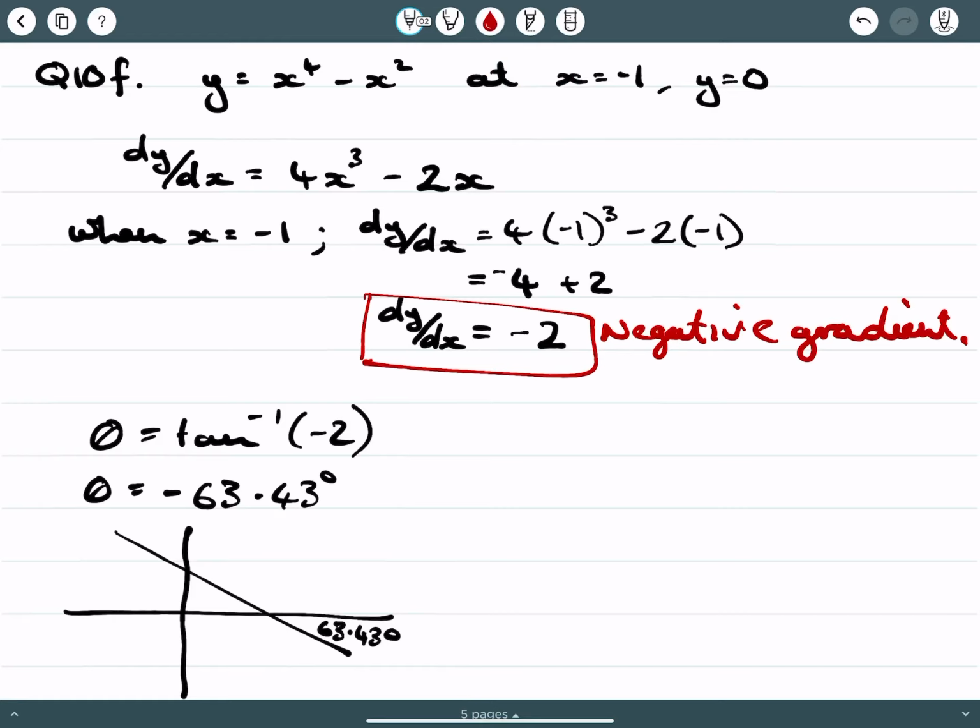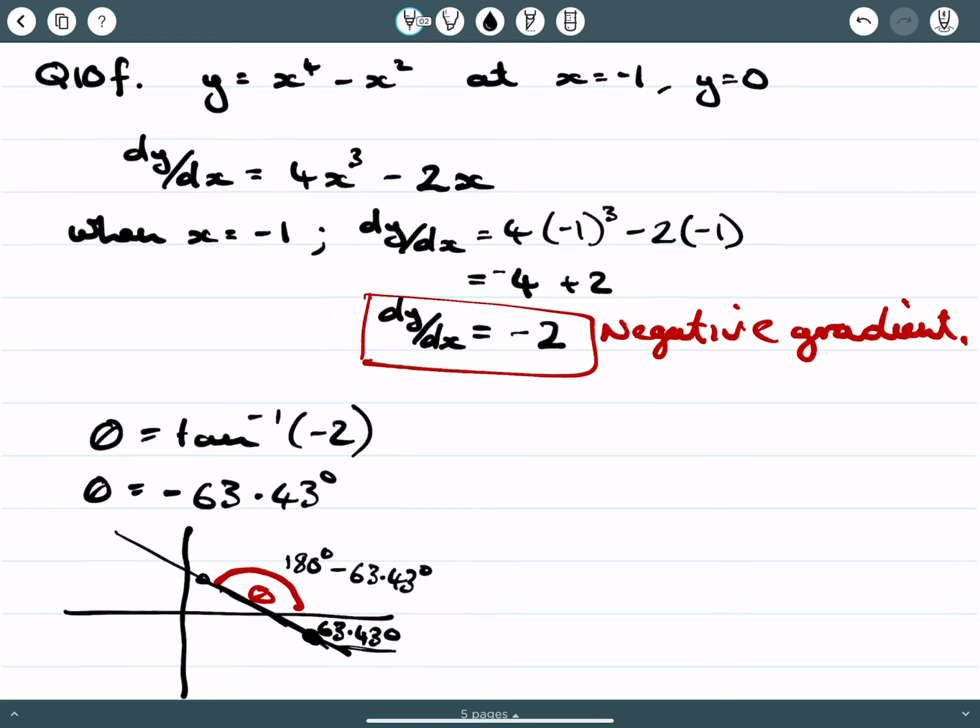Now when we're trying to ascertain that angle that's occurring with the positive side of the x-axis, what we're going to do is we're going to say that this angle equals 180 minus 63.43 degrees. Think about it, between here and here, or this point and this point, you have 180 degrees.